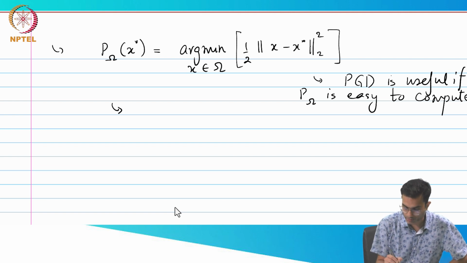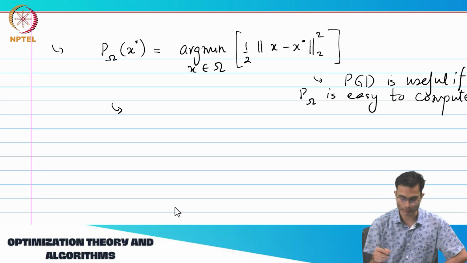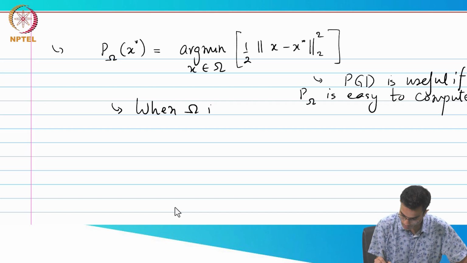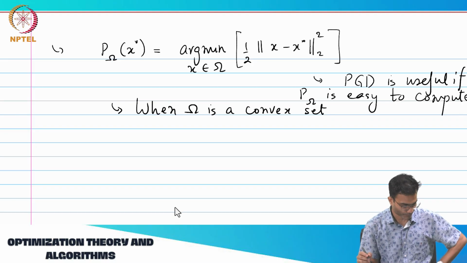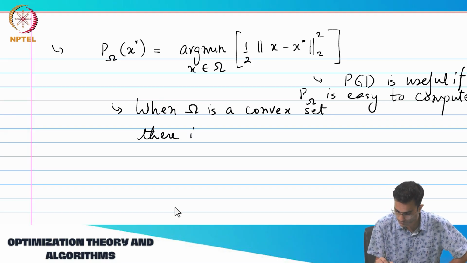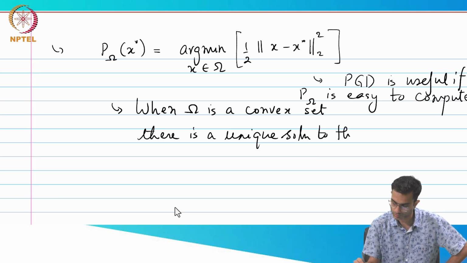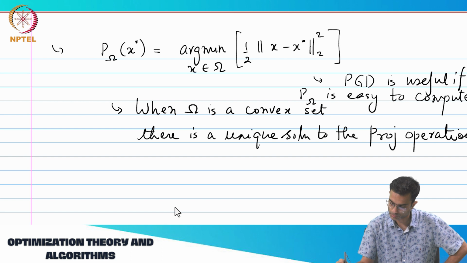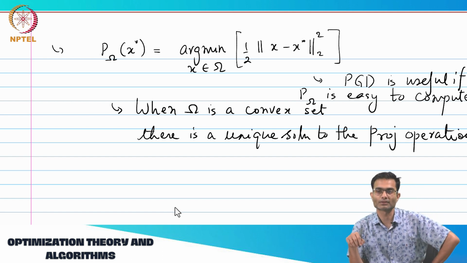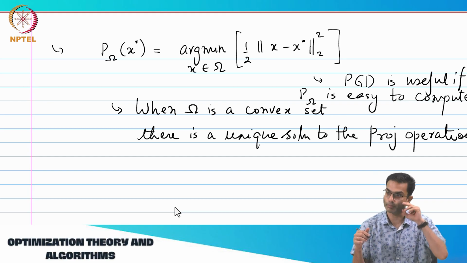There is another very nice property of this projection operation, which is a special case when omega is a convex set. Okay. So this makes our life very easy, or rather I should say simple, that if my constraint set is a convex set, then if I do the projection operation, if I solve this problem correctly, the point that I get is unique.